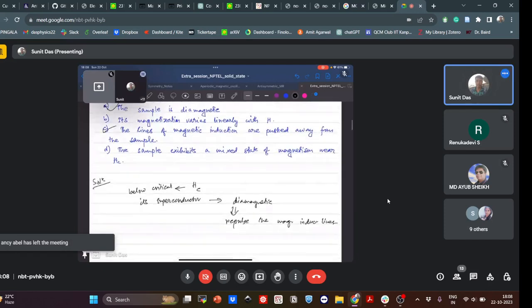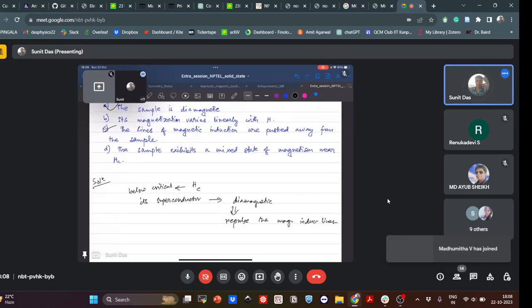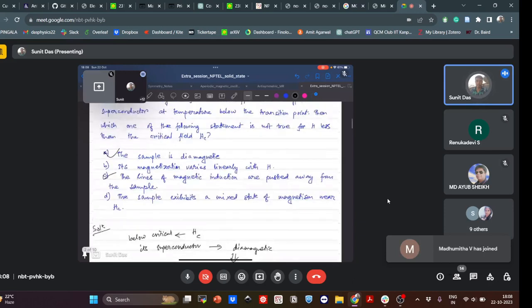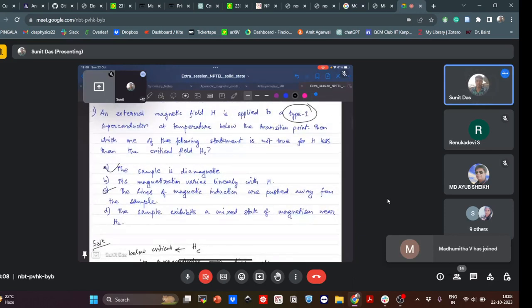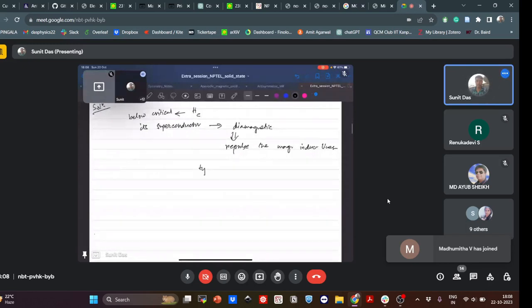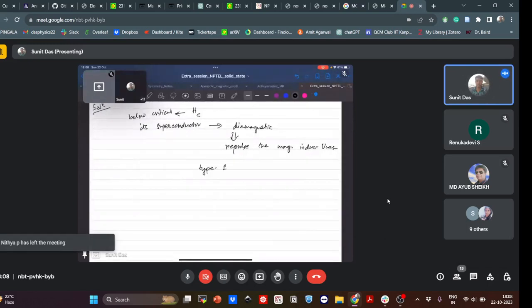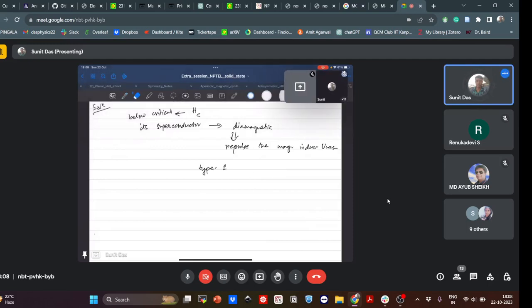Now, its magnetization varies linearly with H. Now this is where the type 1 part comes in. For a type 1 superconductor, M is proportional to minus H, so from this we can say that chi equals M by H equals minus 1, that is diamagnetic.